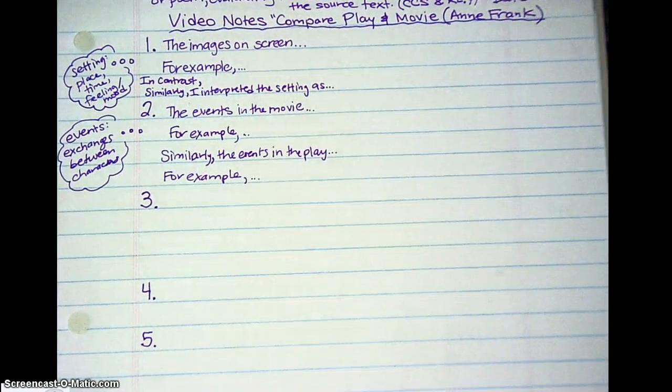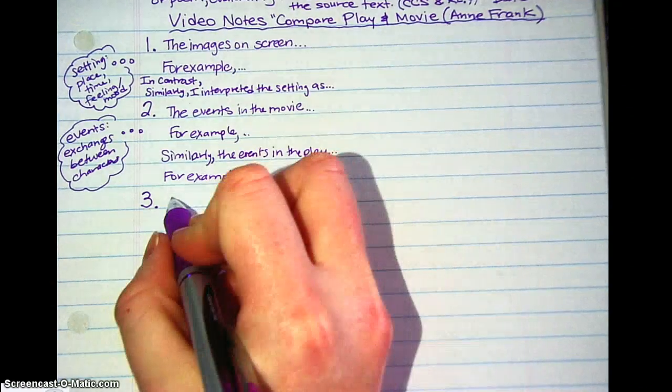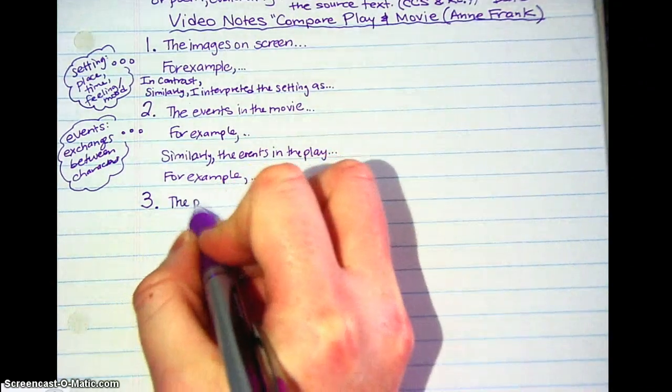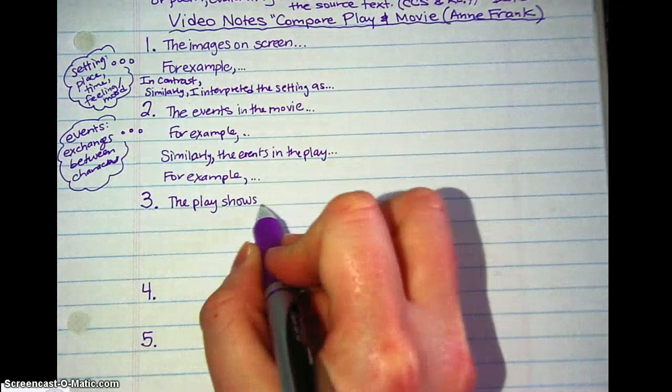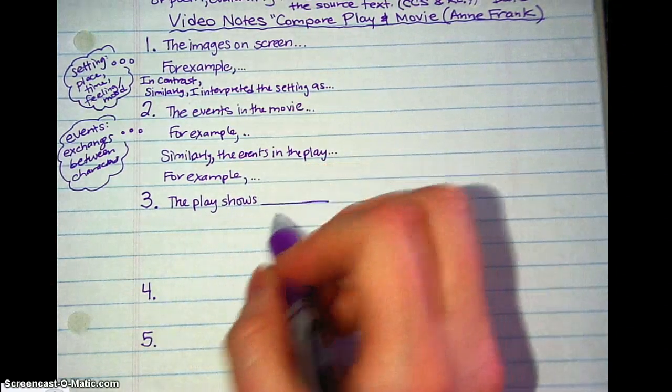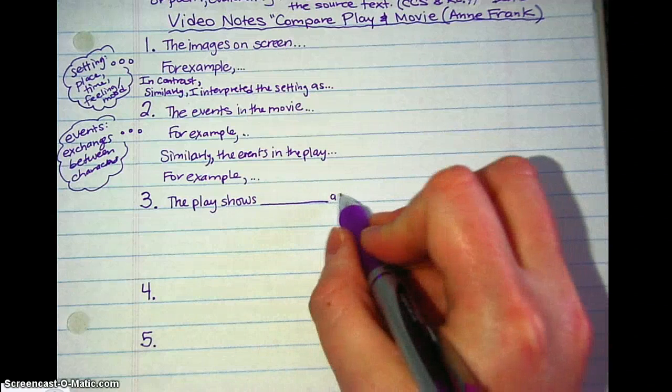Number three: how do you interpret the characters? How do the interpretations of the characters from the novel, from the play, compare to the movie's interpretations of the characters? So for example, the play shows, and you might put a character here like Margot as something.